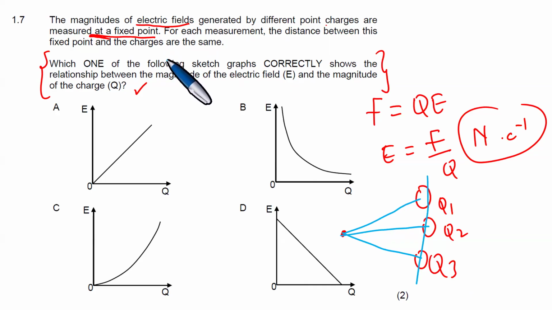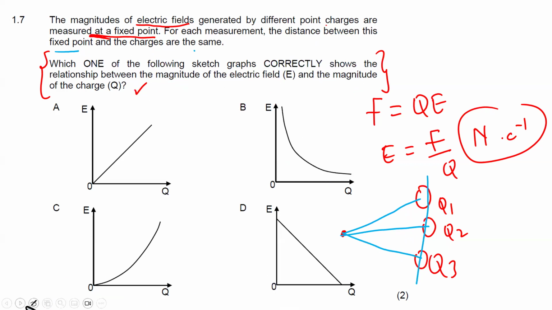For each measurement, the distance between the fixed point and the charges are the same. Yes, for each measurement, the distance between the point charges and that are the same.